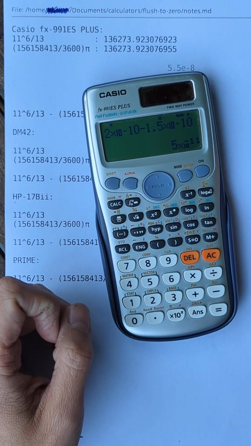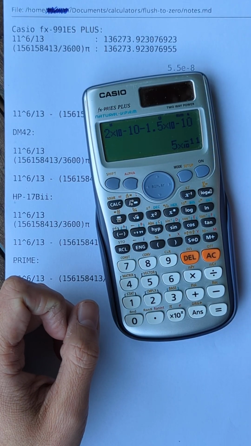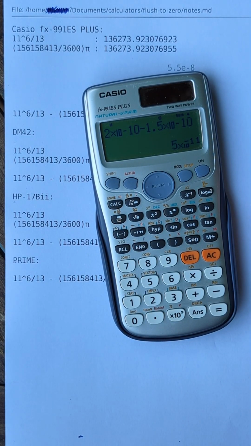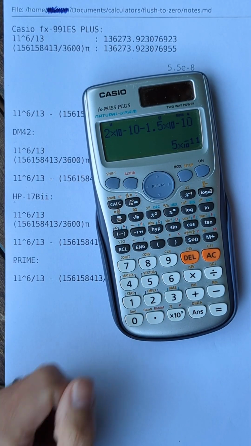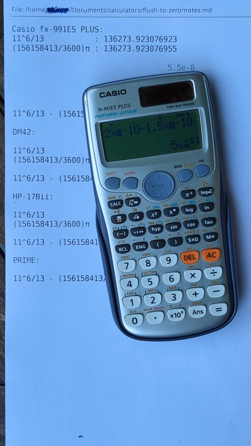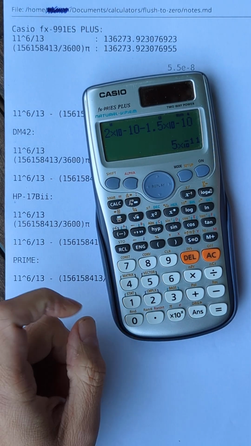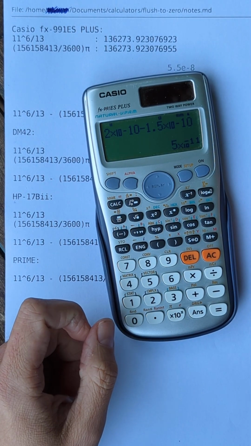Yeah, and I've got another video of a Texas Instruments, it's one of my shorts, where it hides a slight difference in its calculation and the display, and it tries to hide it for as long as it can until you can coax it out of it.